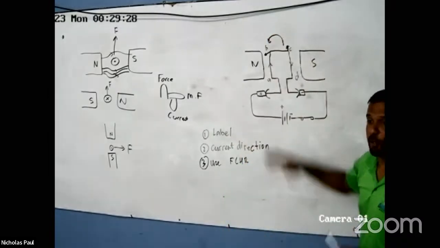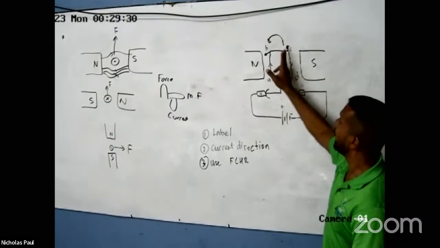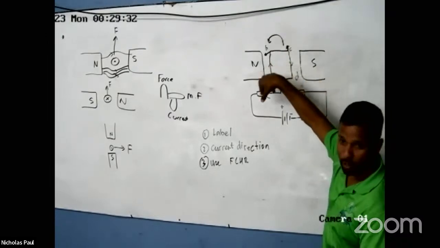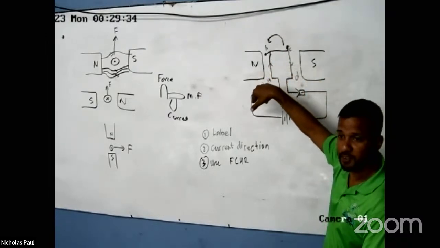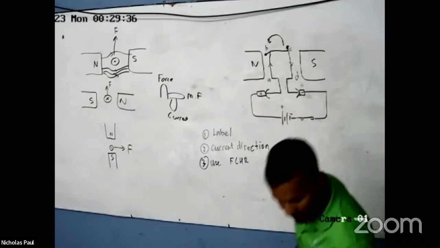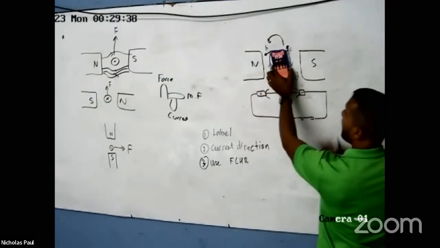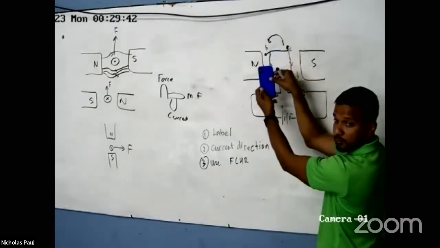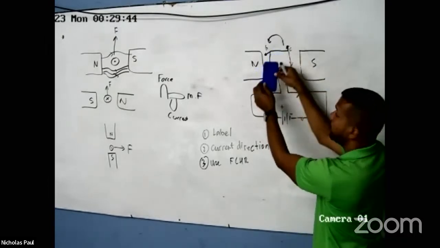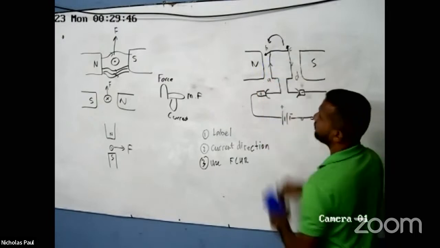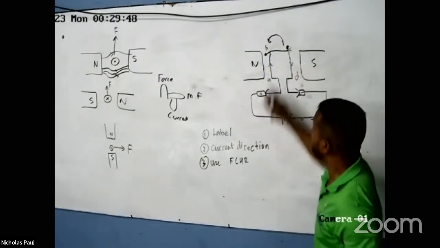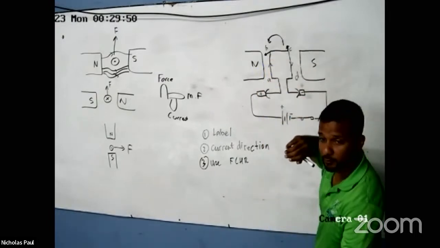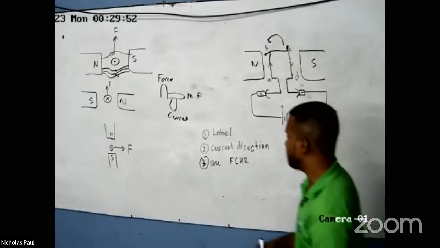If you draw it in a 2D diagram like this, it's moving anti-clockwise. You're seeing that? Here's a downward force, and here moving up. So it's moving anti-clockwise.